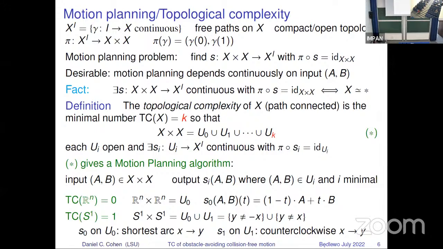And if y is different from x, I'll just go counterclockwise from x to y. So that says the topological complexity of the circle is at most 1. And we know the circle is not contractible, so it's precisely 1.